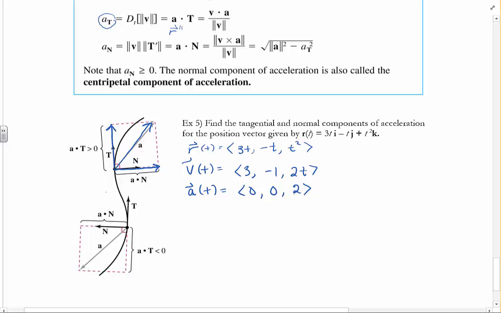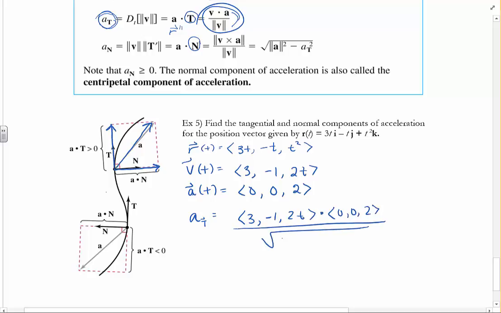So if I want the tangential component of acceleration, I can do v dot a over the magnitude of v. And that's where I like to go with it. These other ones are fine, but then I'd actually have to calculate T and N, and if I don't already have them, I really don't want to calculate them. So I'm going to use this formula and say a sub T is going to be v dot a over the square root of 3 squared plus 1 squared plus 2t squared, which is the magnitude of v.